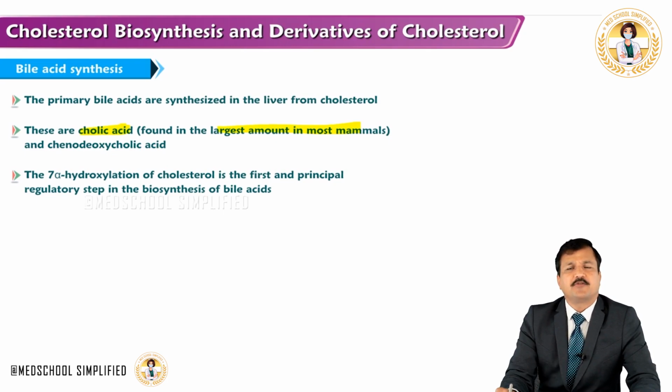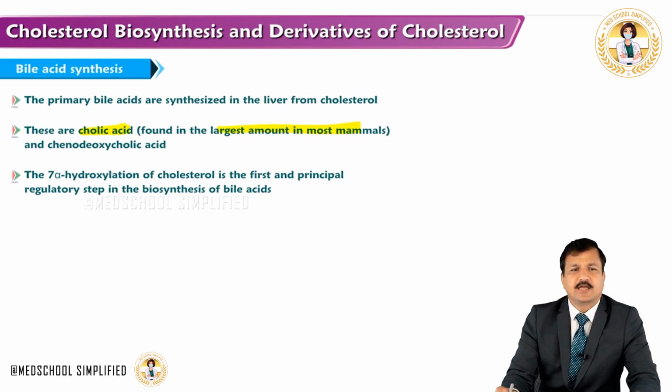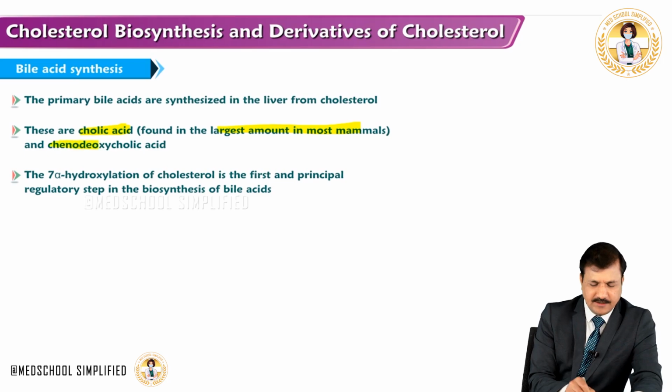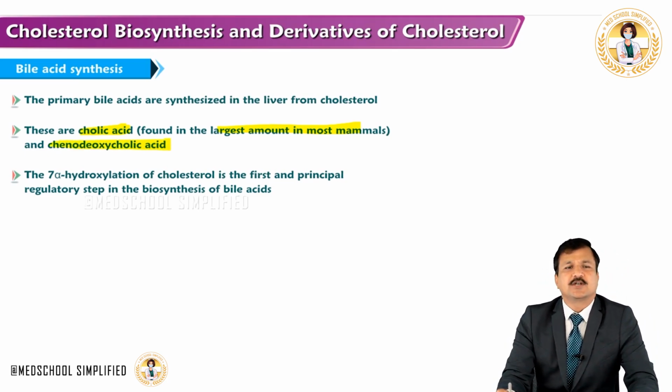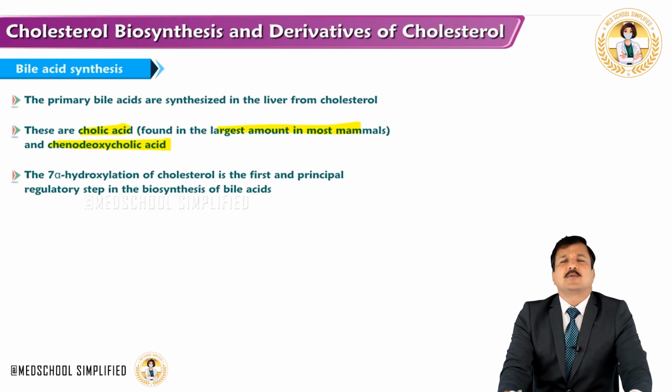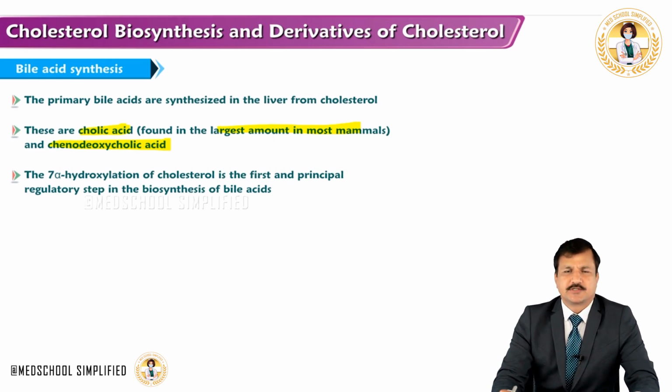The other type of bile acid made in the liver is chenodeoxycholic acid. That means cholic acid and chenodeoxycholic acid are the primary bile acids made from cholesterol, and that's how cholesterol is used in the liver.